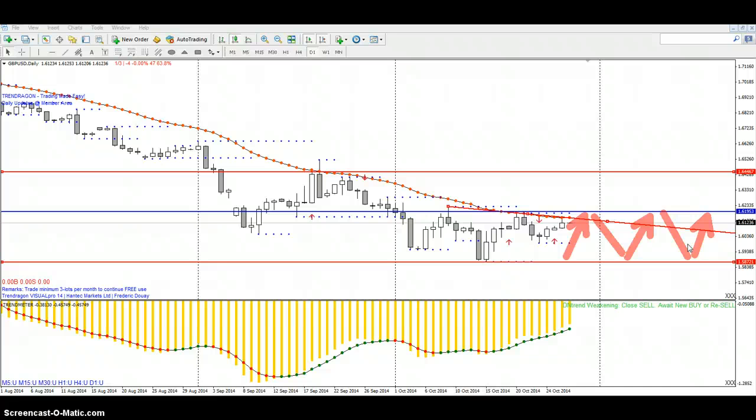Of course, there's a lot of pressure for it to go back down. I mean, the dollar is quite strong right now all across the board. So we have to see what's happening with that.